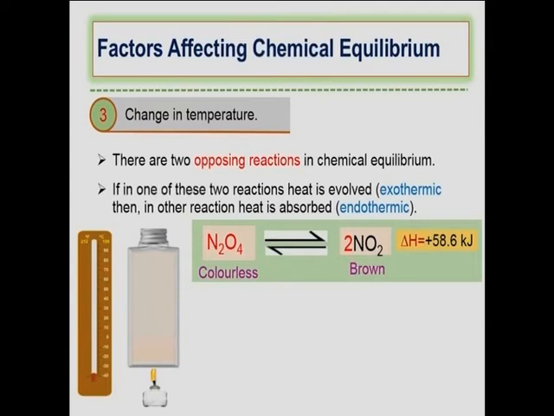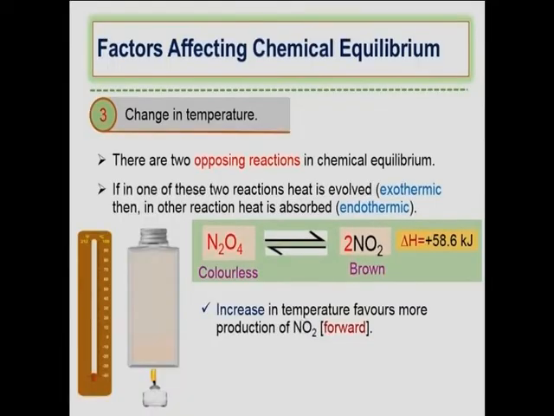That is why the intensity of the color has decreased. So this is how temperature actually affects equilibrium. In this case, an increase in temperature favors more production of nitrogen dioxide, and a decrease in temperature favors the backward reaction, meaning more production of dinitrogen tetroxide.